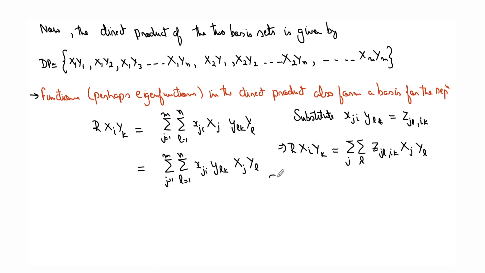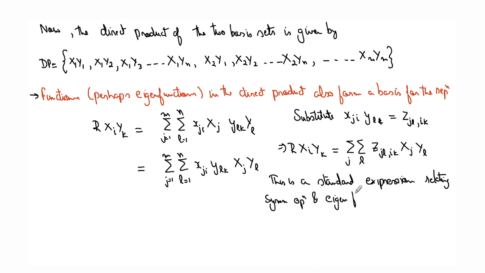This is a general expression, a standard expression relating a symmetry operation and eigenfunction, right? So as if we are taking this as an eigenfunction, we are getting one value as a character, right? So when we apply a symmetry operation onto a product of eigenfunctions, we are getting the same product back along with some character. So this is a standard expression.